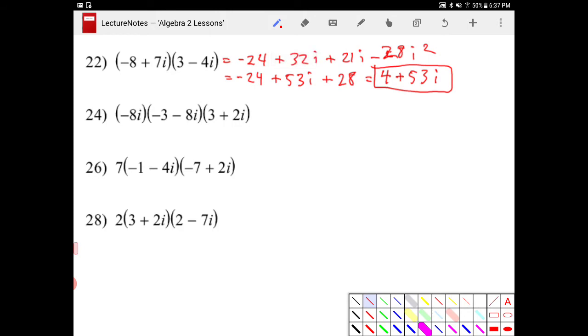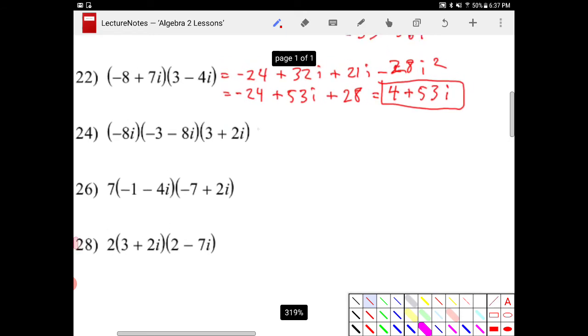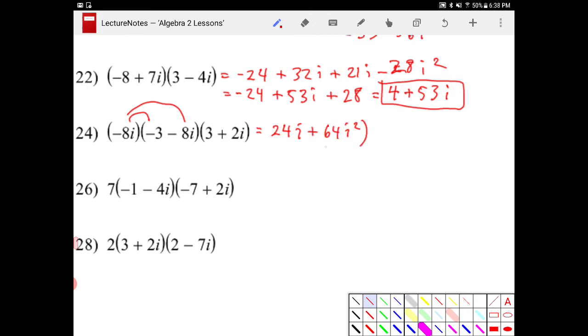All right, things are getting serious. I have negative 8i times negative 3 minus 8i, times 3 plus 2i. We just take this one step at a time. This is no different. I'm just going to distribute the first part first. This is going to turn into positive 24i, and then negative and negative makes positive, so plus 64i squared.